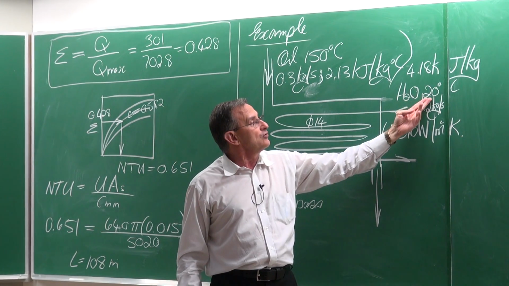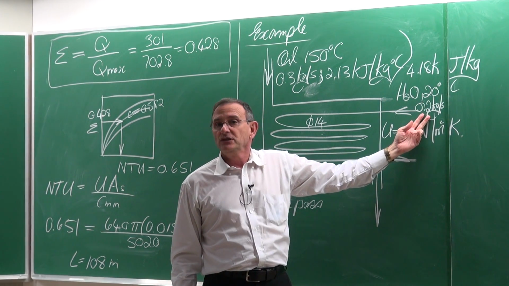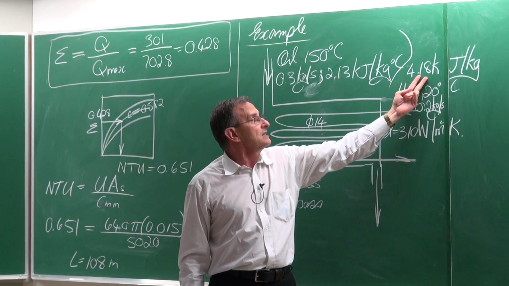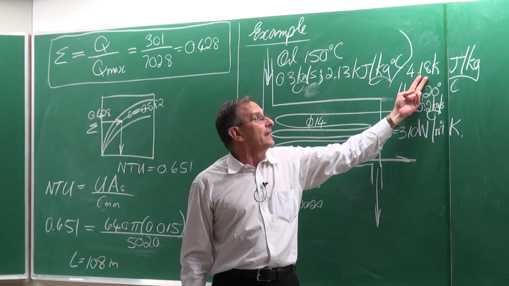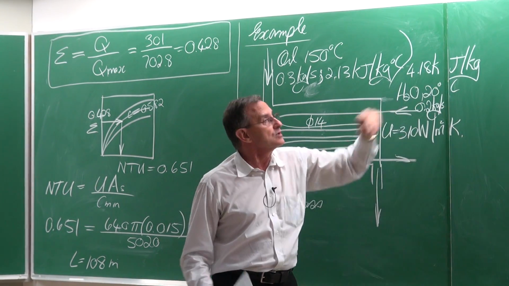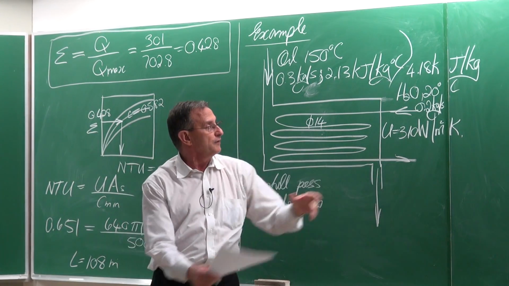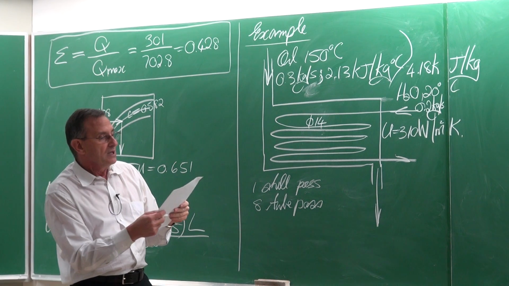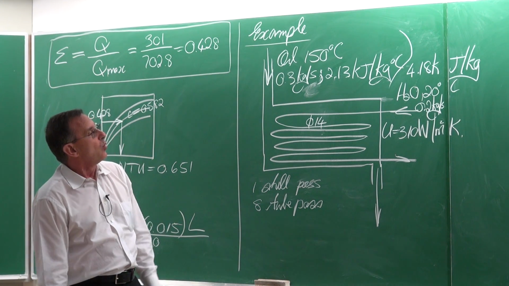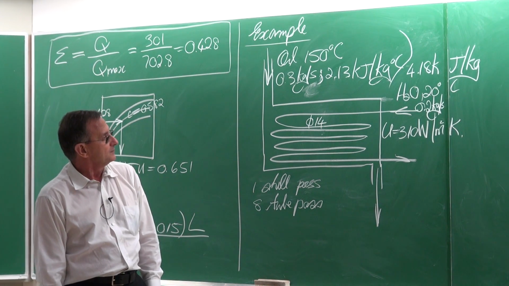Water at 20 degrees Celsius, mass flow rate of 0.2 kilograms per second, and CP 4.18 kilojoules per kilogram. Okay. The overall heat transfer coefficient of the tube is 310 watts per square meter Kelvin.